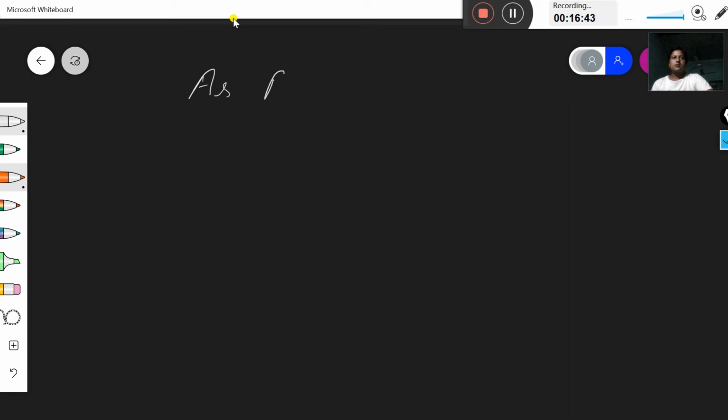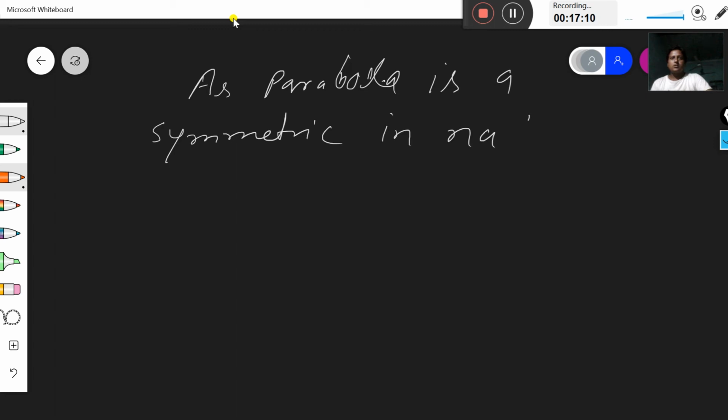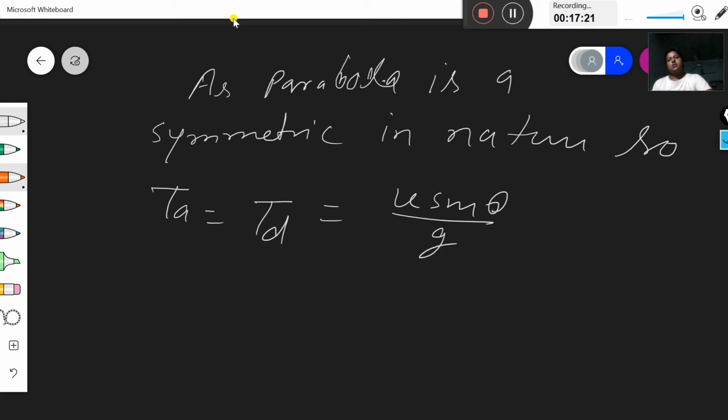As parabola is symmetric in nature, time of ascent equals time of descent, that equals u sin theta over g.